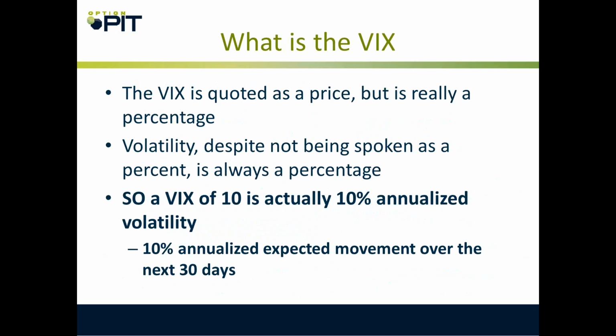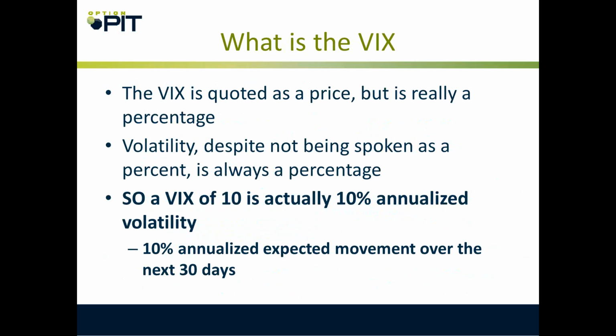The VIX is quoted as a price, but it is really a percentage. Volatility, despite not being spoken as a percent, is always a percent. Always. So when the VIX is 10, it's actually 10% annualized volatility.